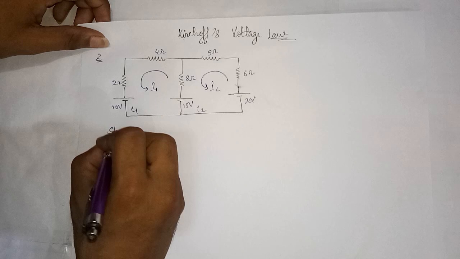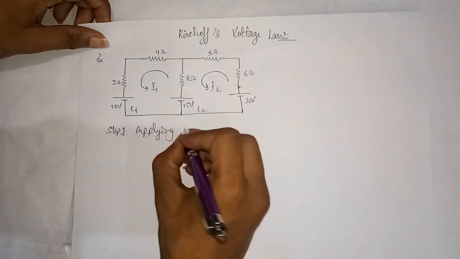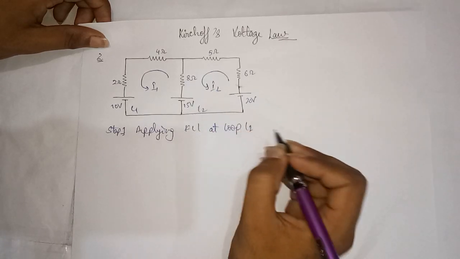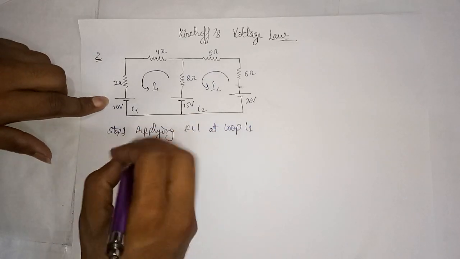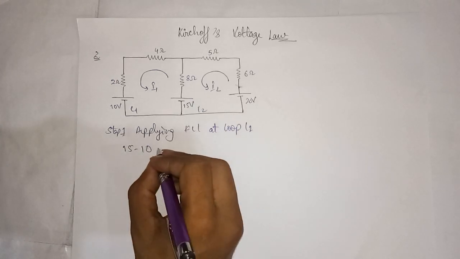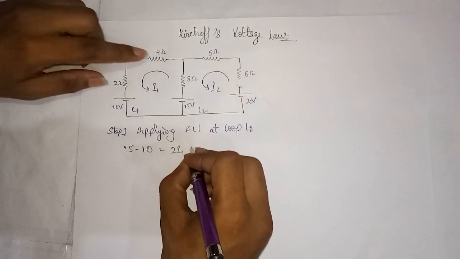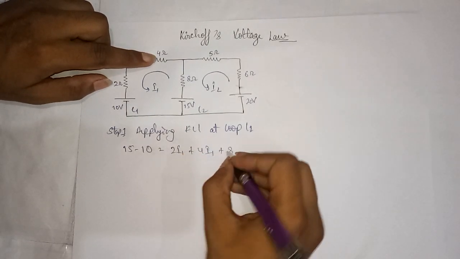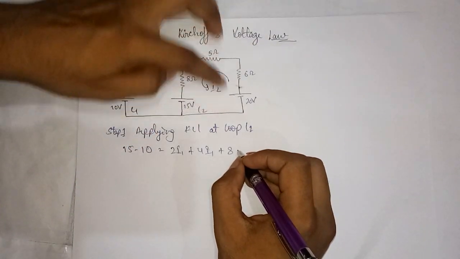So step 1, applying KVL at loop L1, and we will get 15 minus 10 equal to 2I1 plus 4I1 and plus 8, as this current is going in upward direction and this current is going in downward direction.